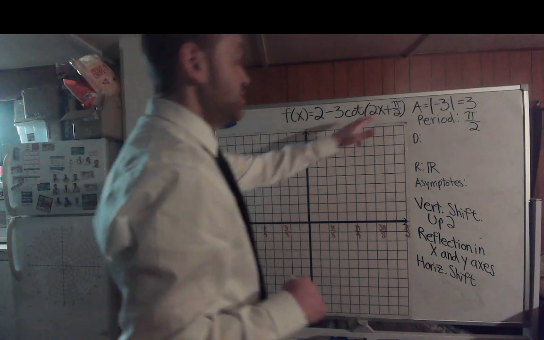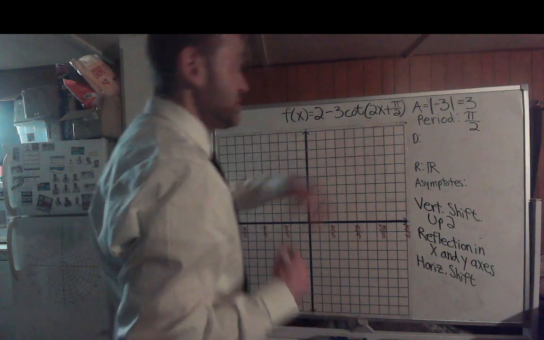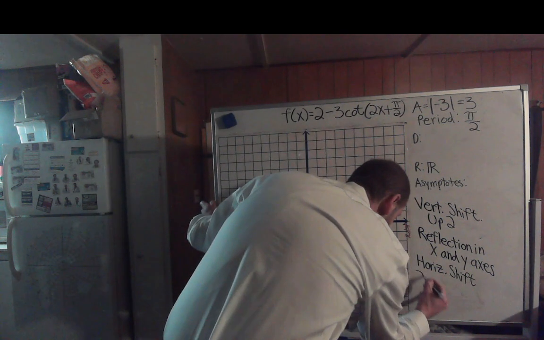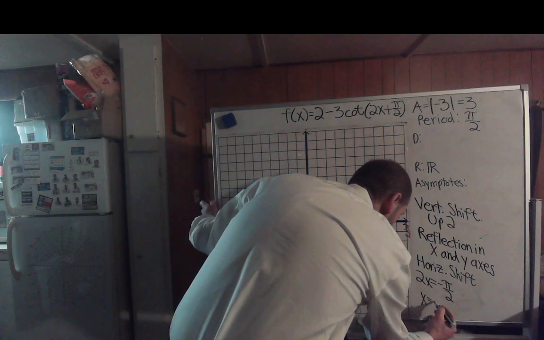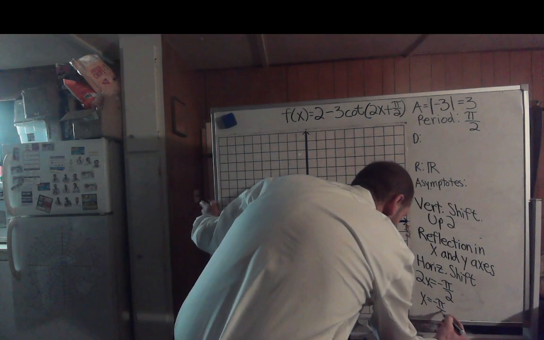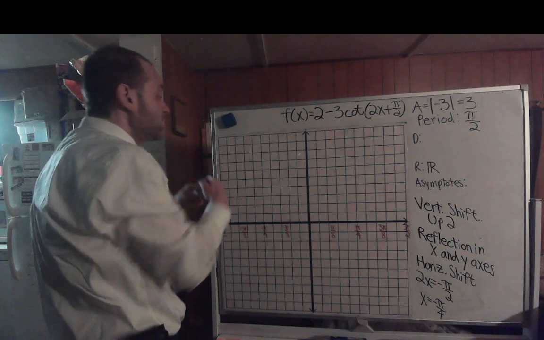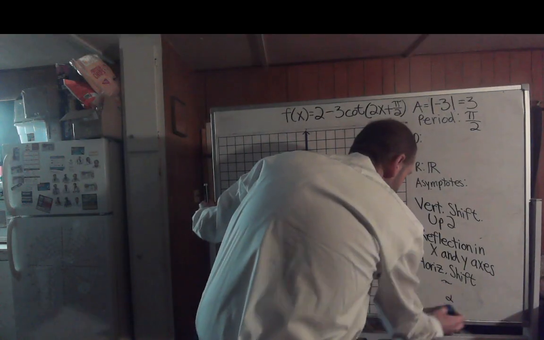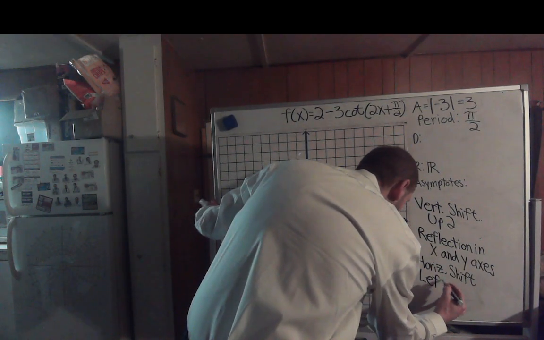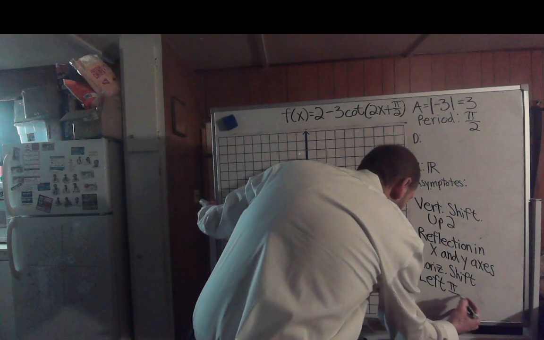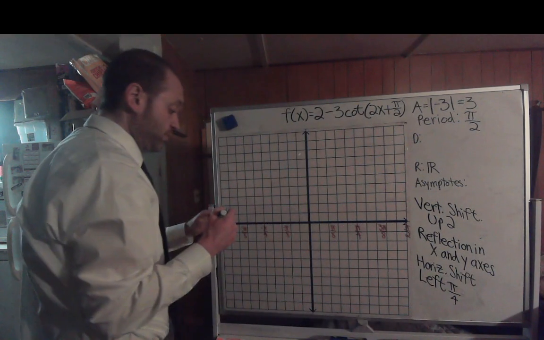So take that 2x plus pi over 2, set it equal to 0, you'll have 2x equals negative pi over 2, which is going to give you x equals negative pi over 4. Well, what does that mean? That means you actually have a horizontal shift left pi over 4 units.